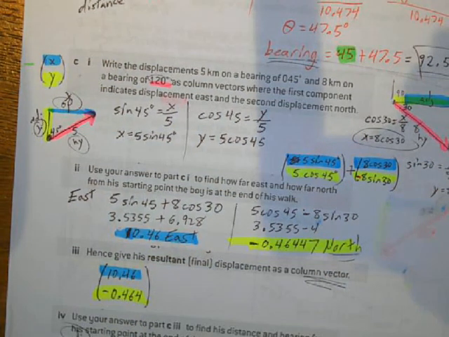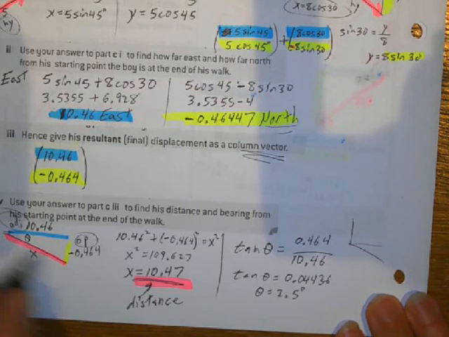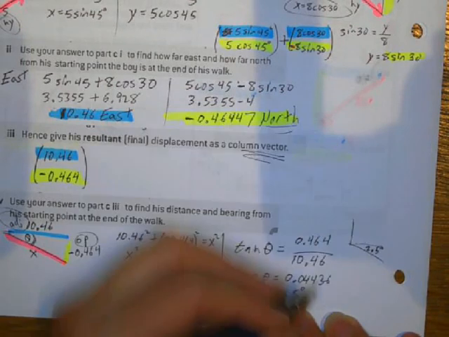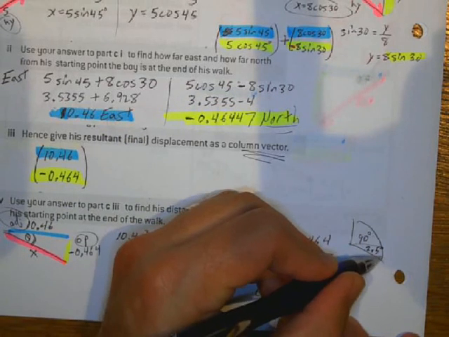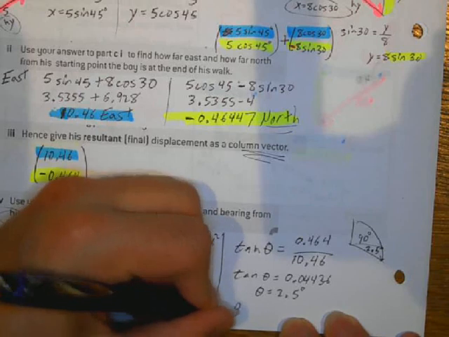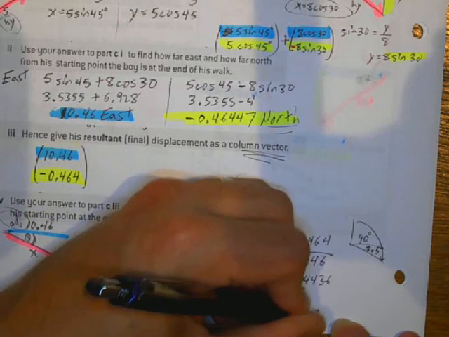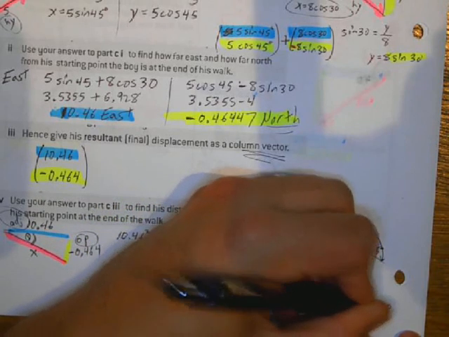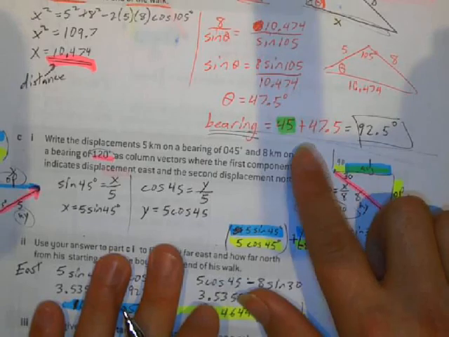I've got my vector, and I'm going this direction here is 2.5 degrees, and we know this is 90 degrees. So together, the bearing is 90 plus 2.5, which gives me 92.5 degrees. And that is the same answer for the bearing that we got up here.